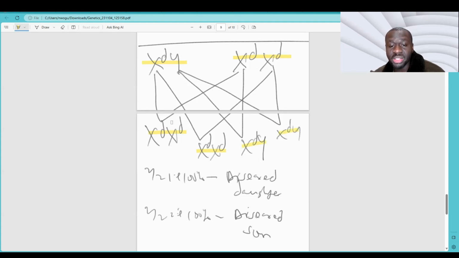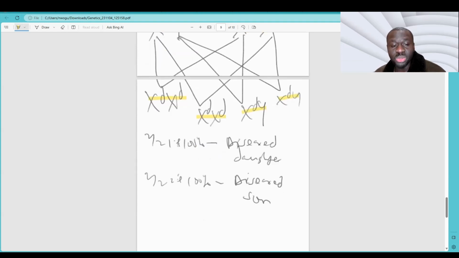So for every pregnancy, there's a 100% chance that any child they have will have hemophilia. Number 2, there's a 100% chance that any girl child, any daughter, will have the condition. Number 3, there's a 100% chance that any male child they have will have the condition.